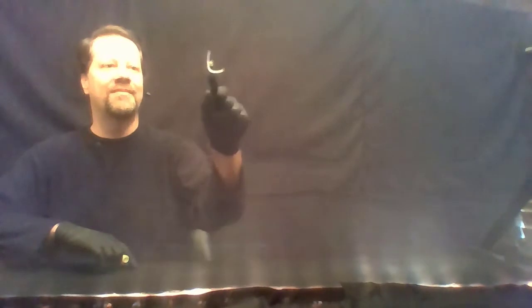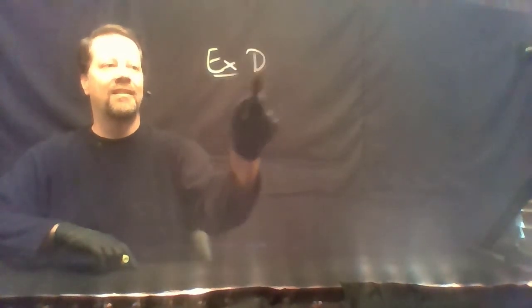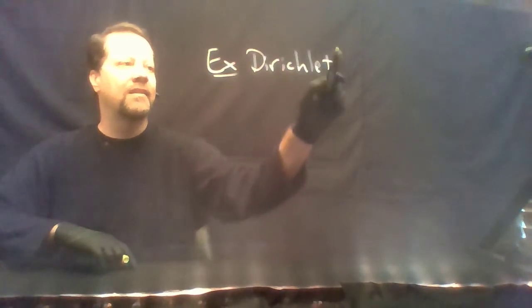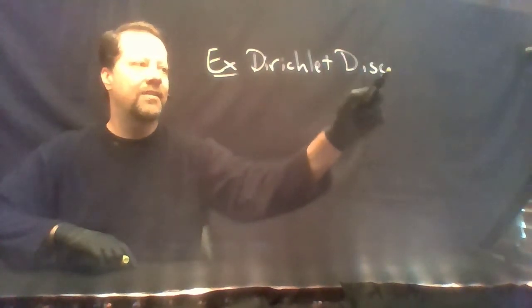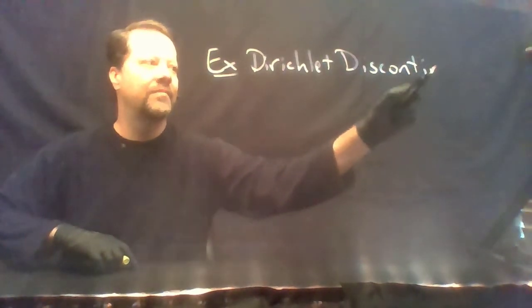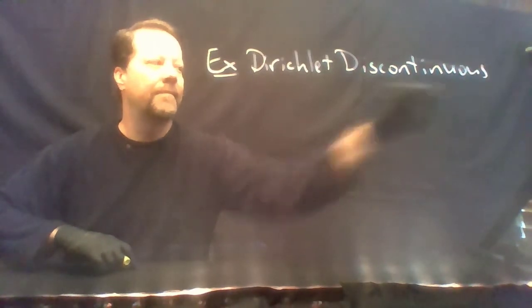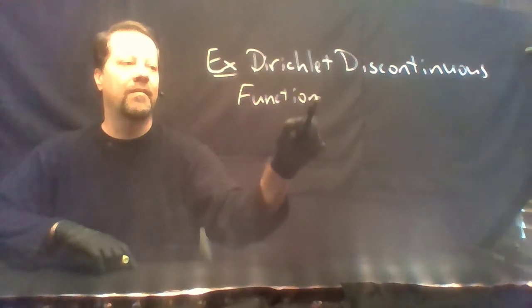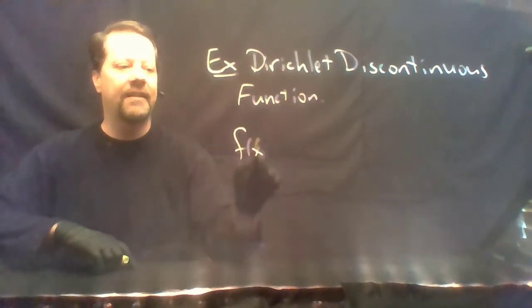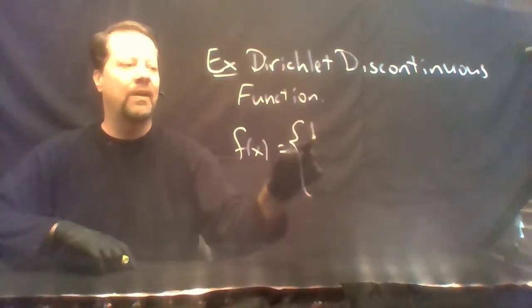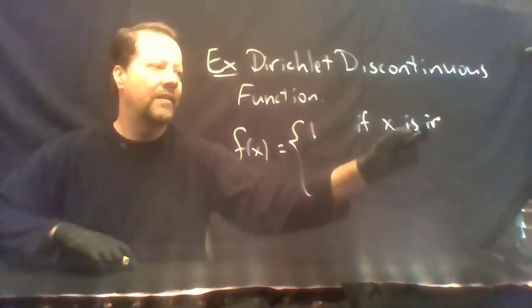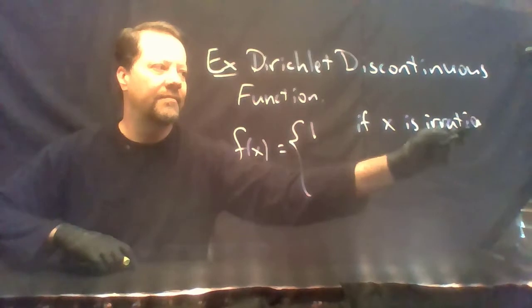I need to give you some important examples. We already talked about the Dirichlet discontinuous function. It was defined to be 1 if x is irrational.